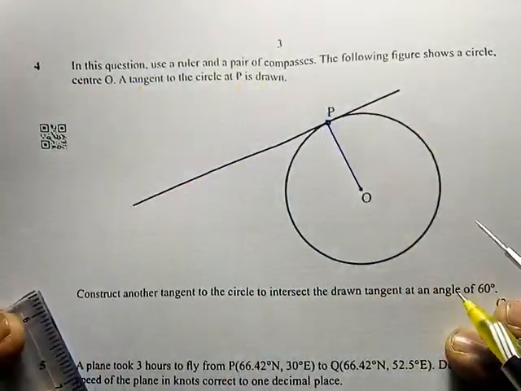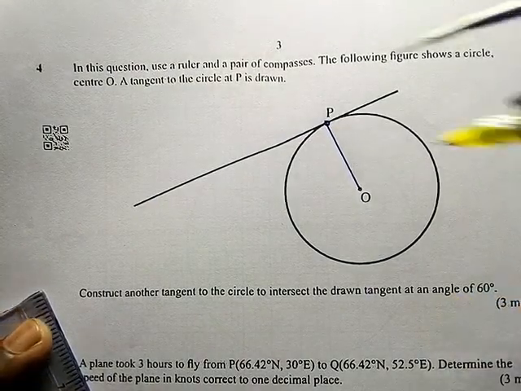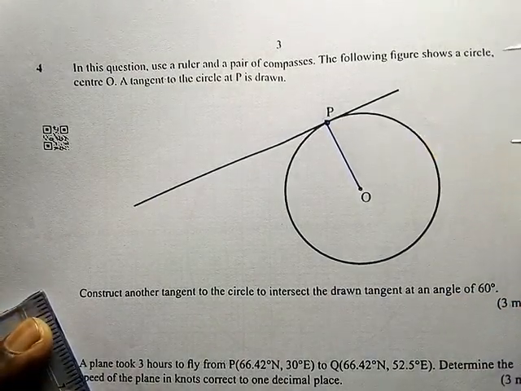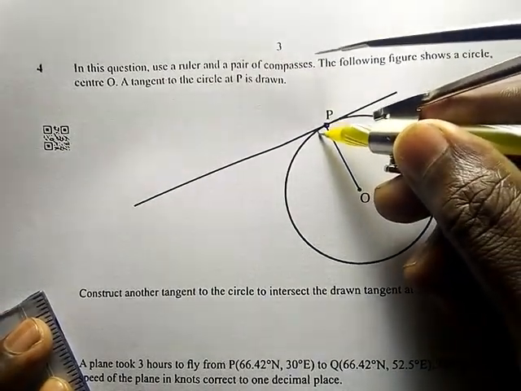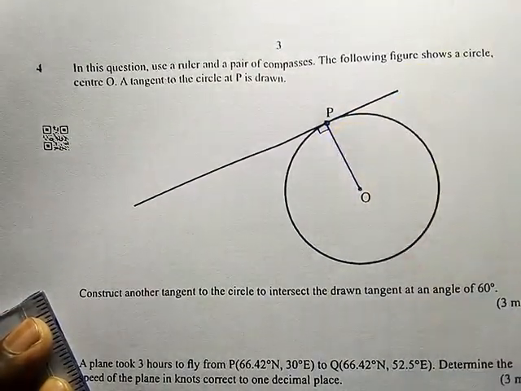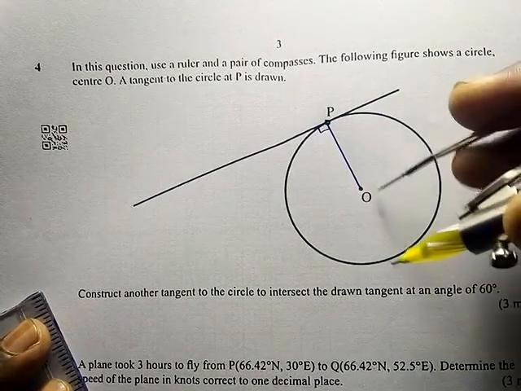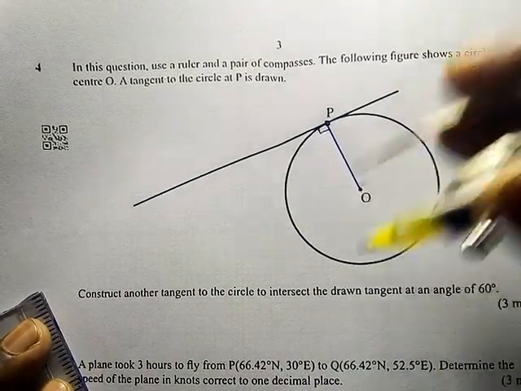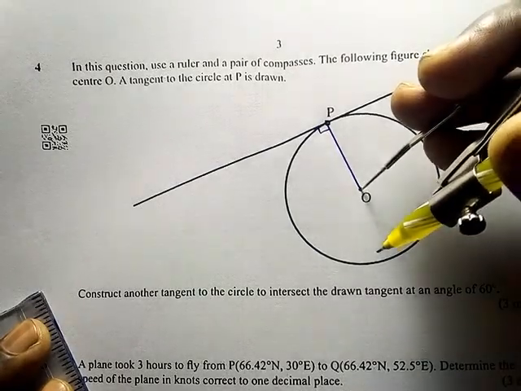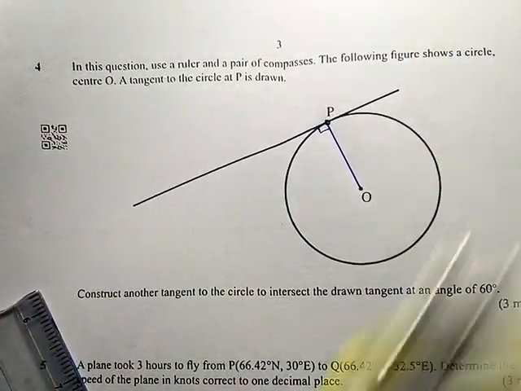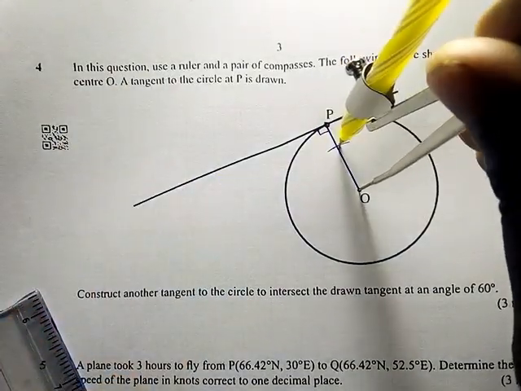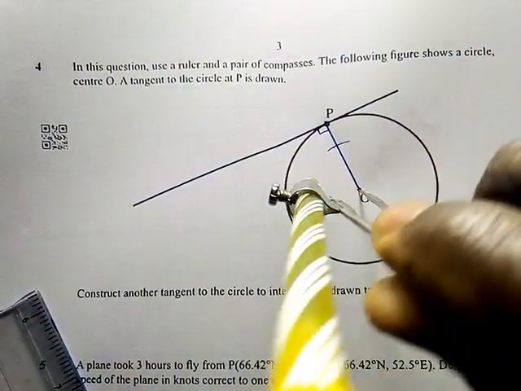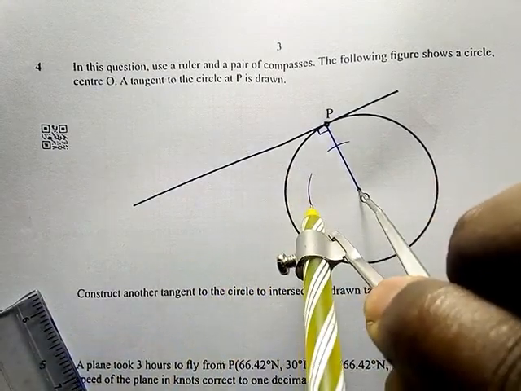Once you have done that, you know from the topic circles and tangents that this one forms 90 degrees, right? And then we have been asked for 60. Using a pair of compasses, we will stand here and draw 60 degrees. You stand at this point, you open your compass like this, you draw this, and then you draw this.